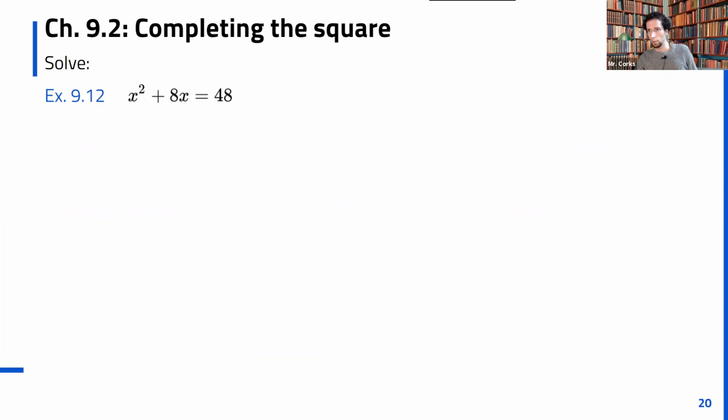So completing the square, some of you, I'm sure, know this or remember it. Can you tell me what we would do here? We can move 48 to the left side of the equation. We could, but that doesn't actually matter. That's not really going to do anything for us.